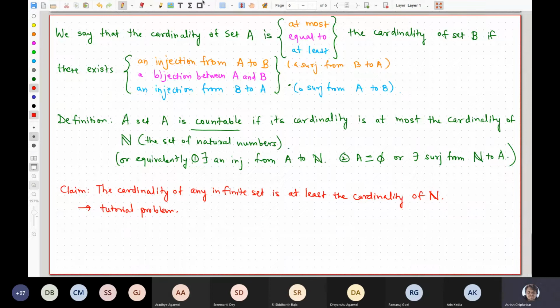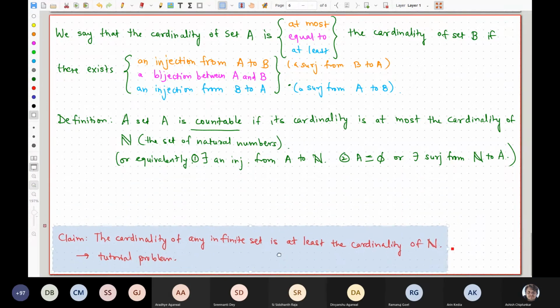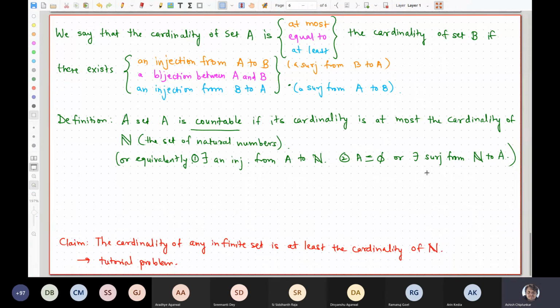Okay, so now look at this condition. A is defined to be countable if either A is the empty set, which is the trivial case, or if A is not empty, then there exists a surjection from the set of natural numbers to the set A. This is the same as saying that A equals some {A1, A2, A3, and so on}.